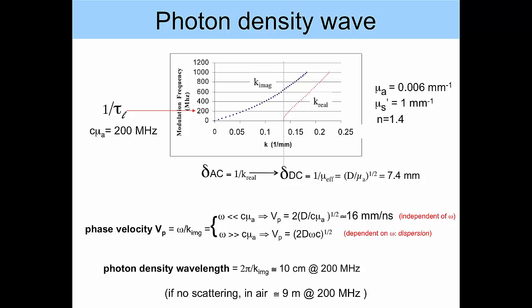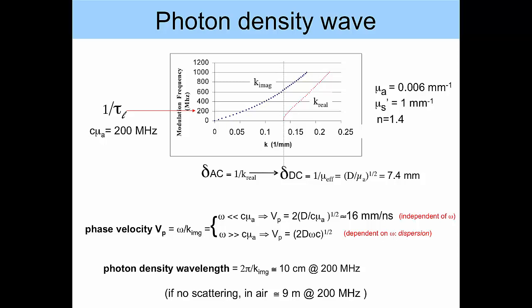So at frequencies much less than 200 megahertz, my phase measurement will just be linear with frequency. But if I can sample around or above 200 megahertz, I'll start to run into this nonlinear behavior.